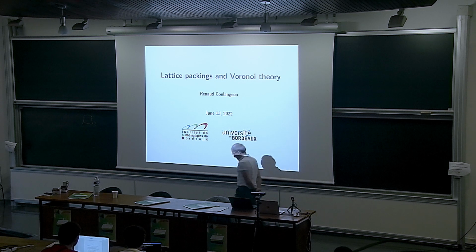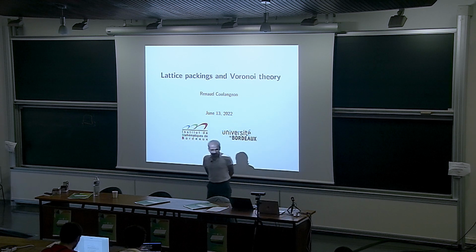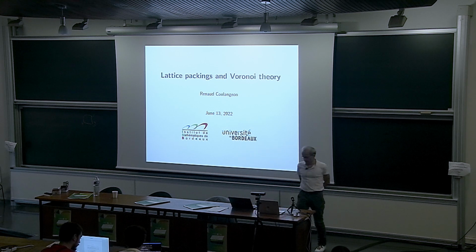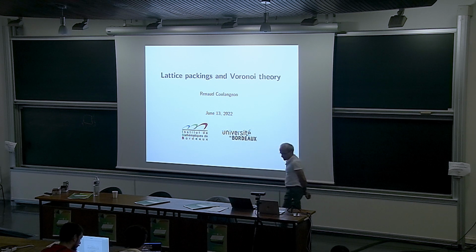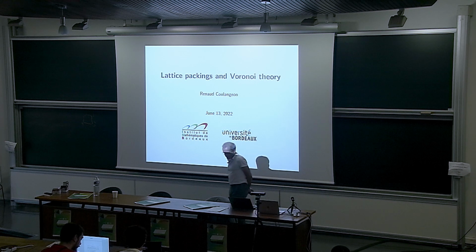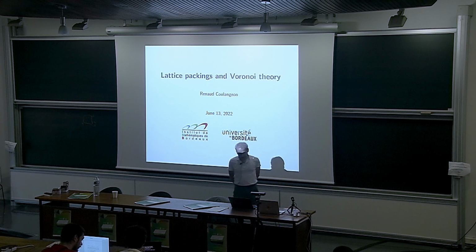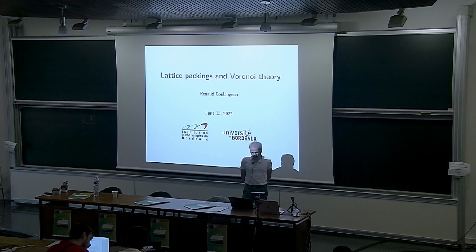It turns out that these perfect lattices or perfect forms, which are the zero cells of the Voronoi complex, are somehow the critical points for the density function associated to a lattice packing. So that's this aspect that I will tell about in the first lecture.